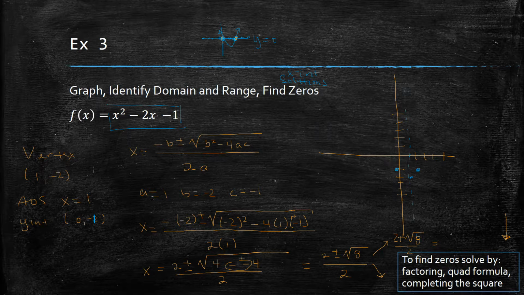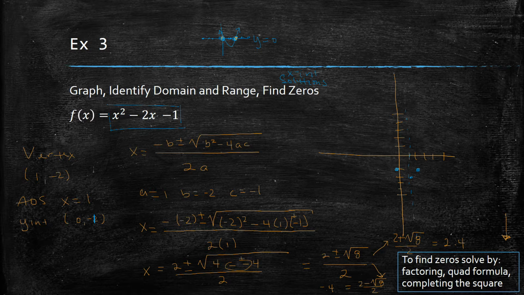That's going to give you 2.4. If you do the other one, 2 minus the square root of 8 over 2, just plug it into your calculator. That's going to give you negative 0.4. And those are going to be your values of x where they cross the x-axis.